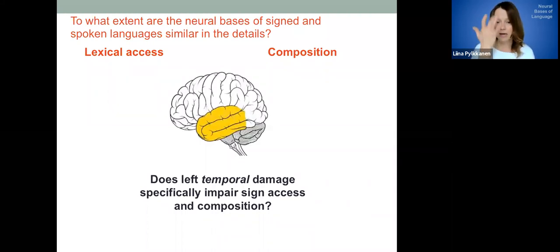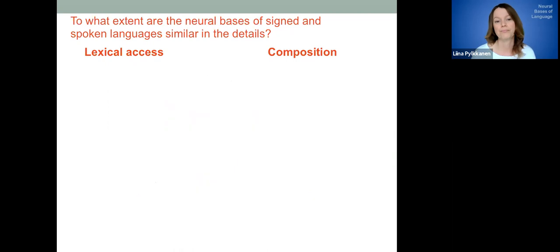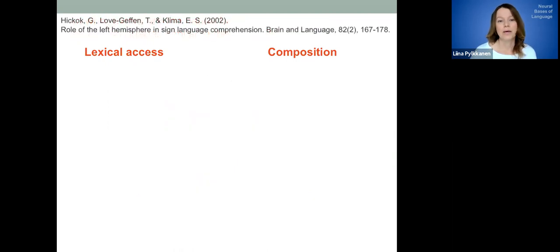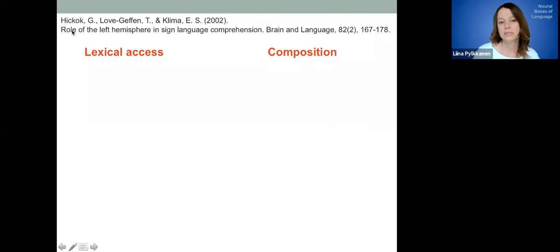This was exactly the question about auditory cortex also being in temporal cortex: is that why these linguistic functions localize close to it? That's exactly the question addressed in this study, again by Greg Hickok and colleagues.